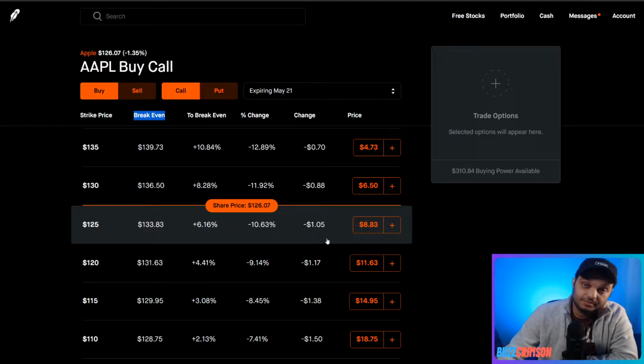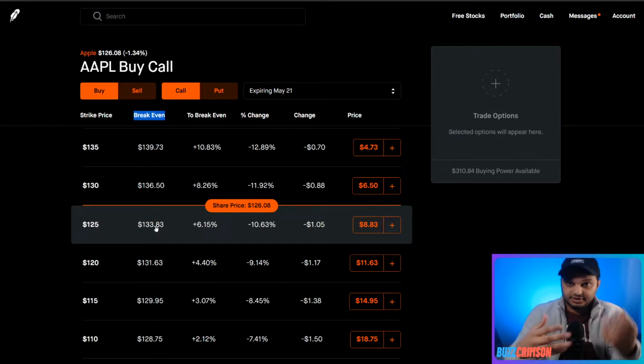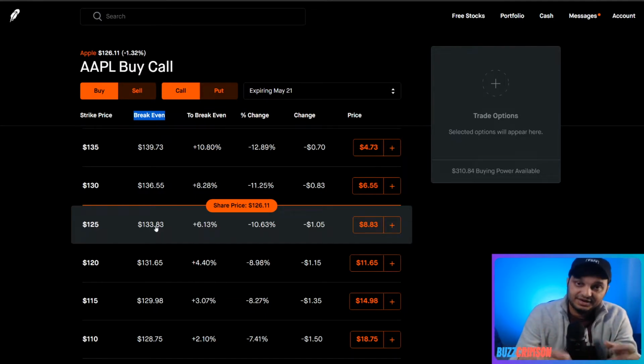In the money means you're in business. It's great for someone who bought the option. It's bad for someone who sold the option because there's a high chance that whoever sold the option is going to have to do what they agreed they were going to do in the contract.